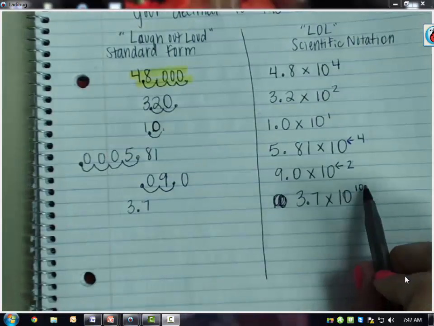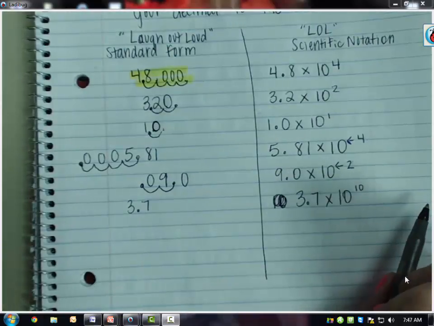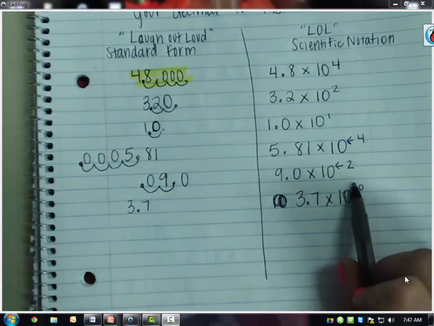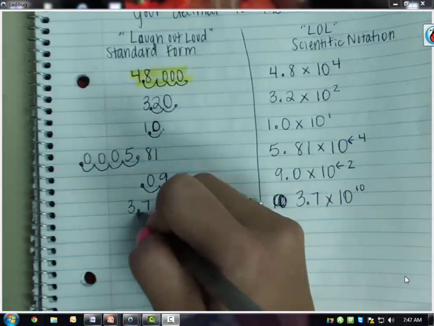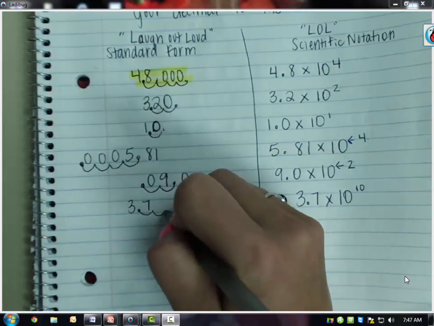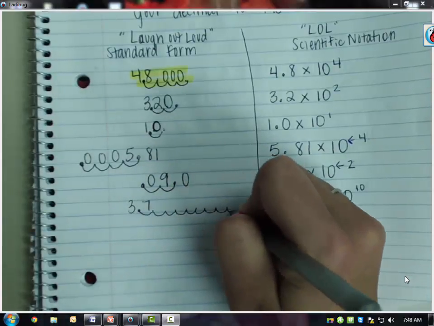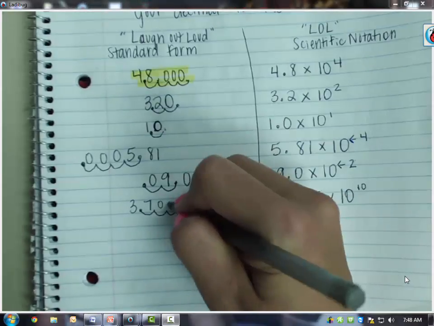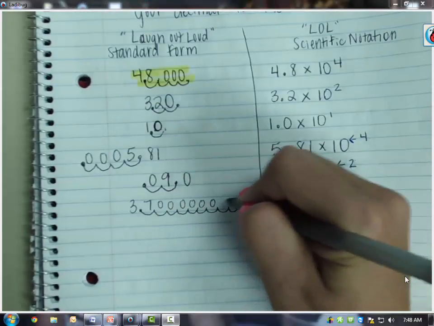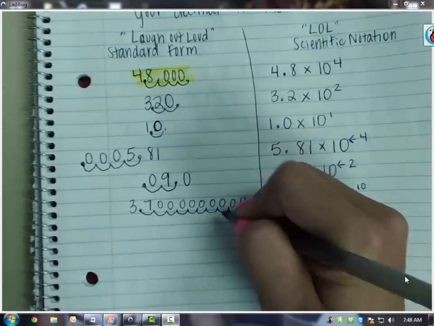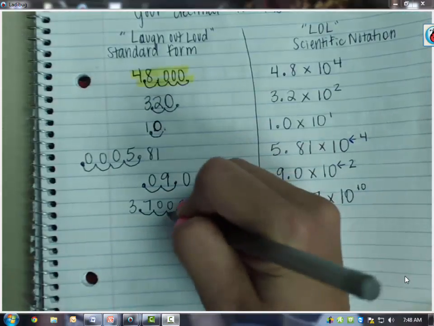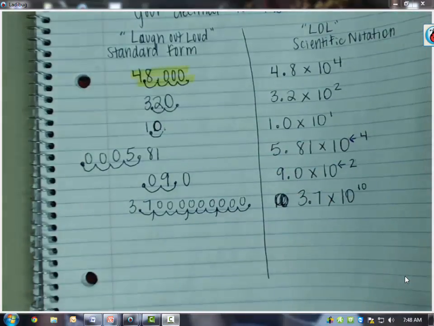You should have seen you need to move right 10 places. So 1, 2, 3, 4, 5, 6, 7, 8, 9, 10. Fill in your loops with zeros. 37 billion.